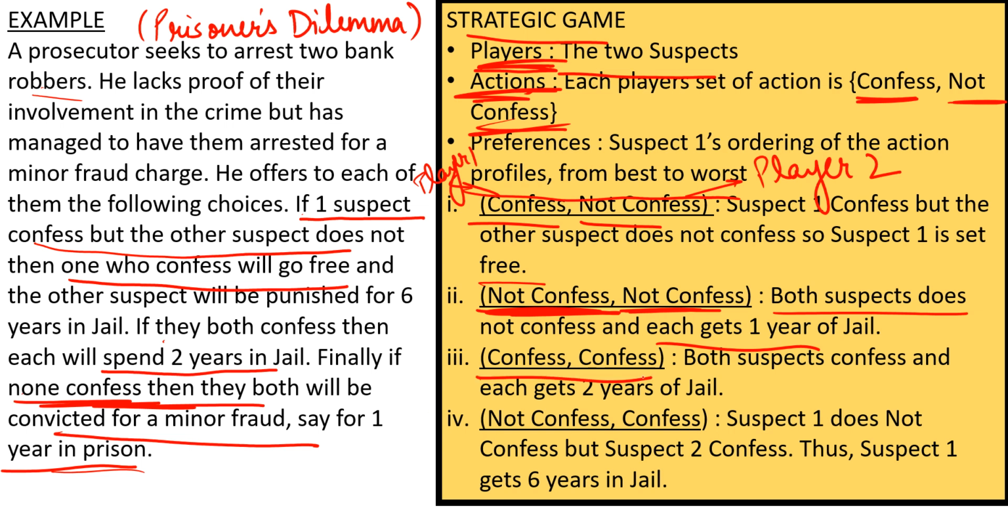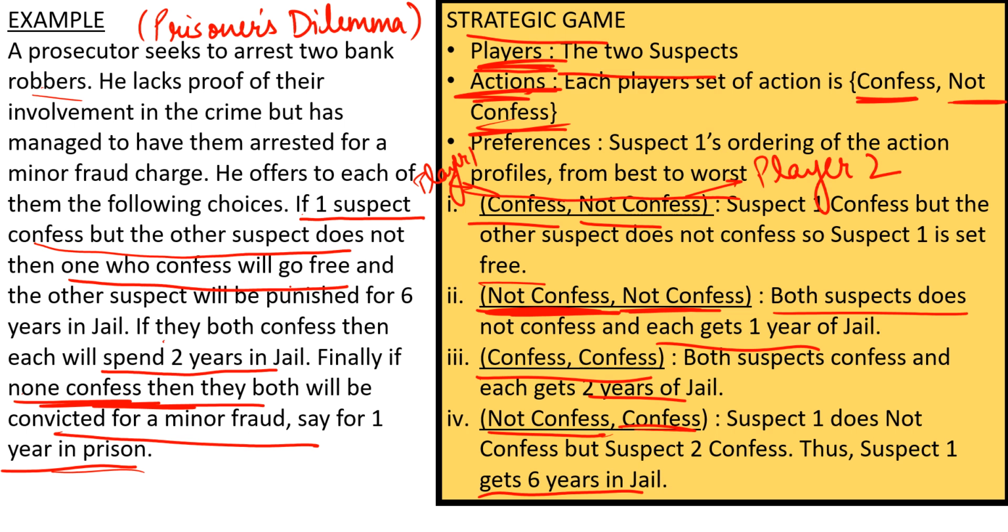If both of us confess, then I'll get 2 years in jail. But for me, the last choice will be the situation where the other player confesses but I don't confess. Because when I don't confess and the other player confesses, then I'll get 6 years imprisonment, as we can see here: the one who does not confess will be punished for 6 years in jail.